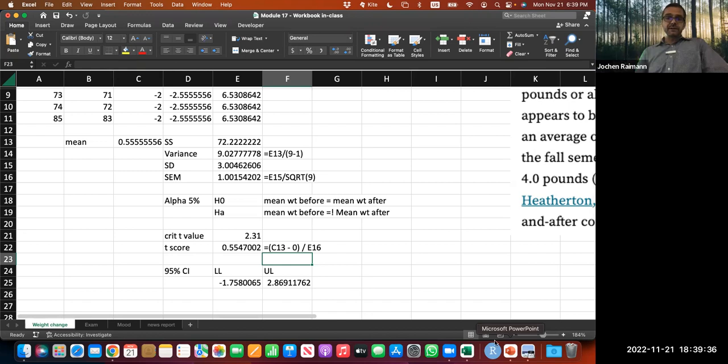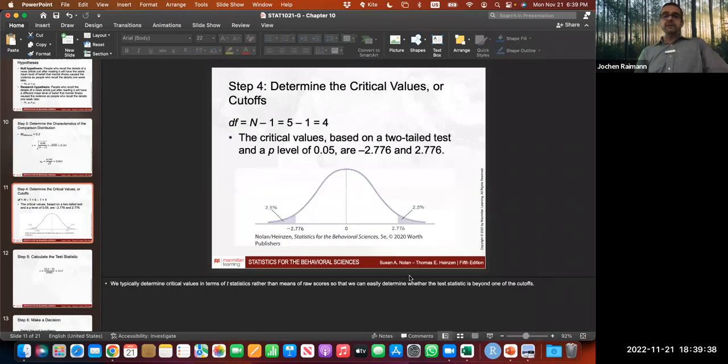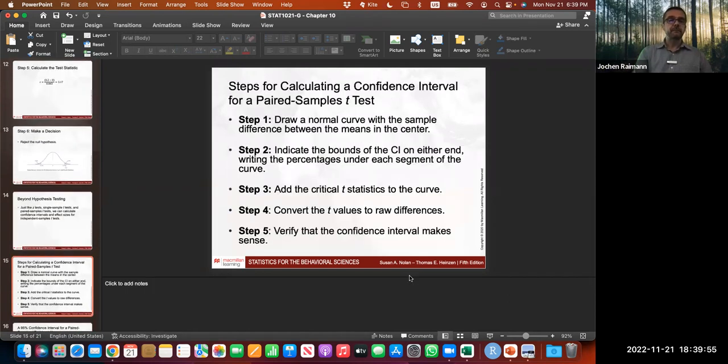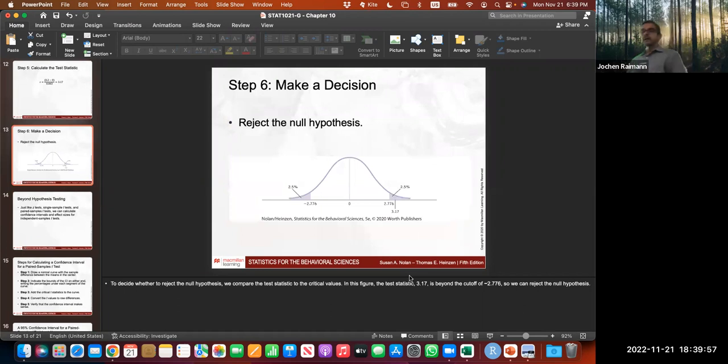And Nolan and Heinzen have here essentially a depiction. So now forget about the numbers, we're using different numbers. If you have a mean of 0, that is your null hypothesis. Actually, this is the better depiction. If our confidence interval does not contain 0, we have a significantly different result.